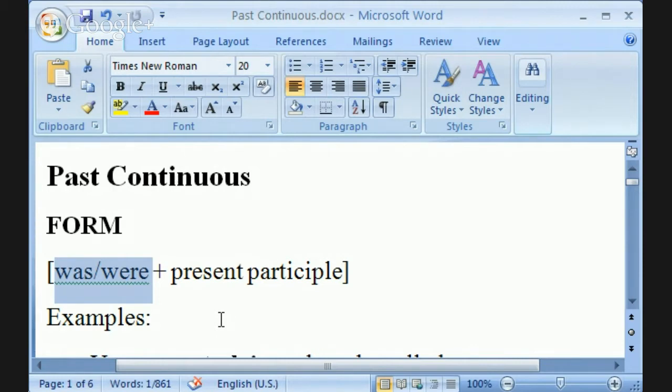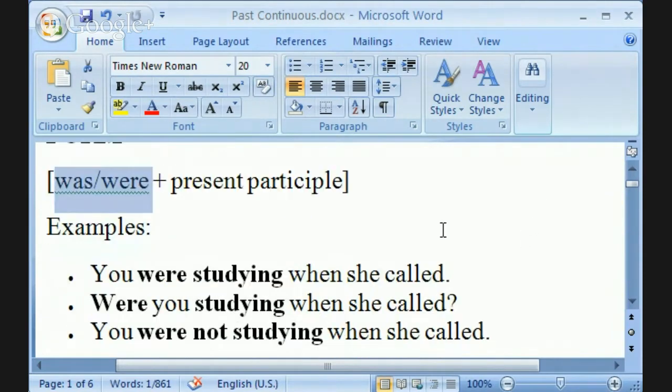They were, we were, you were. And then the present participle, which is to say the base form of the verb plus ing.